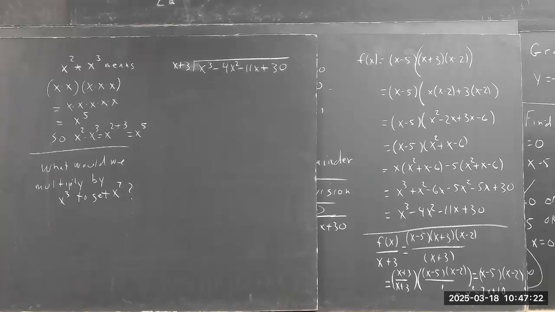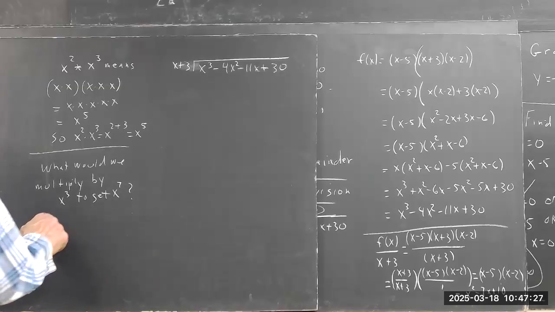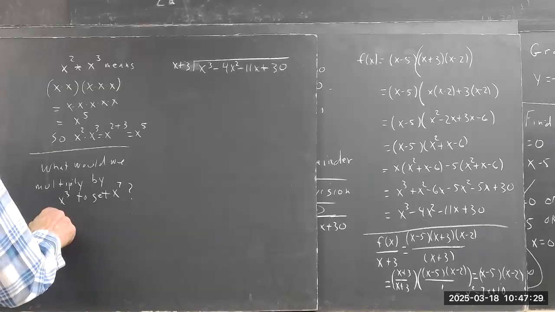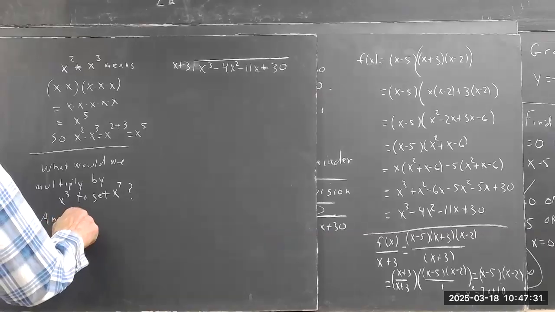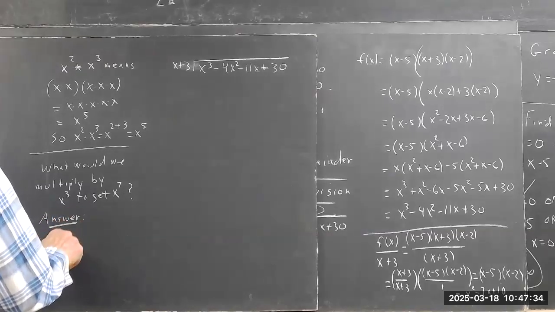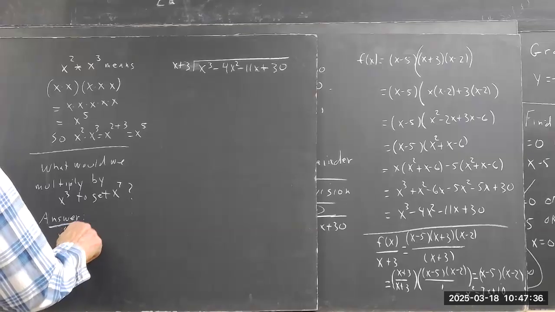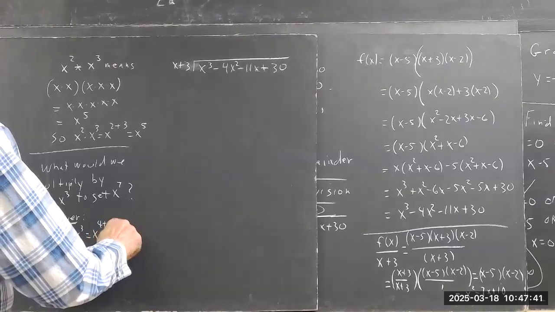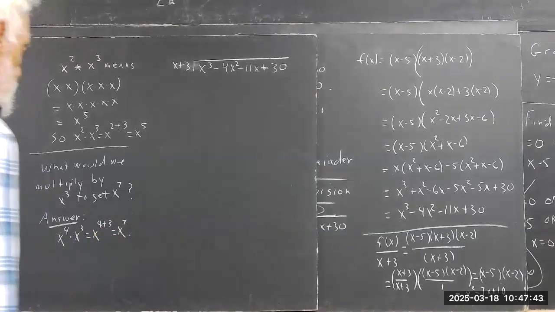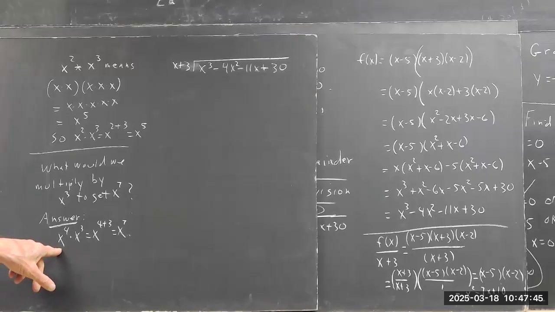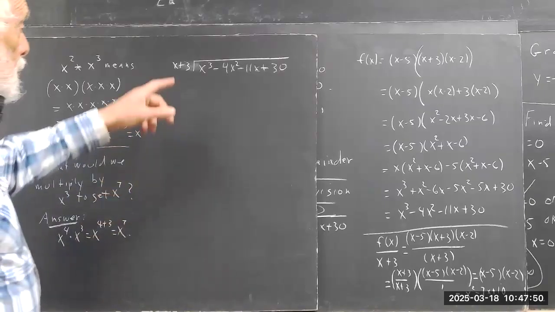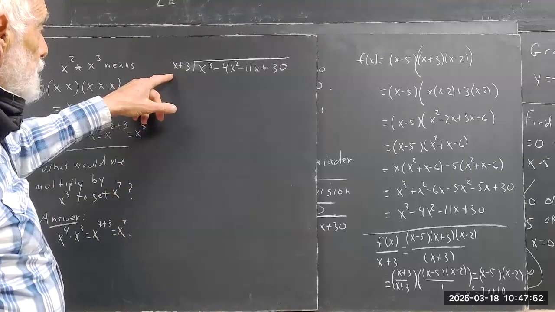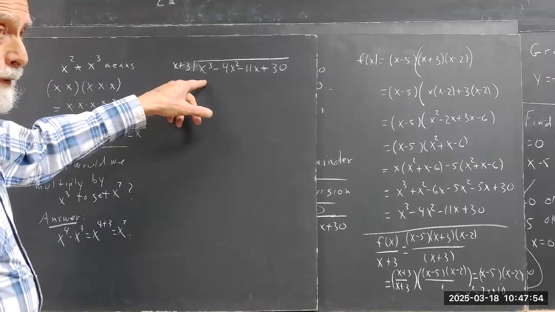Can you show me with your fingers what power we use? By x to the fourth. Okay. Now, what would we multiply by x to get x cubed?